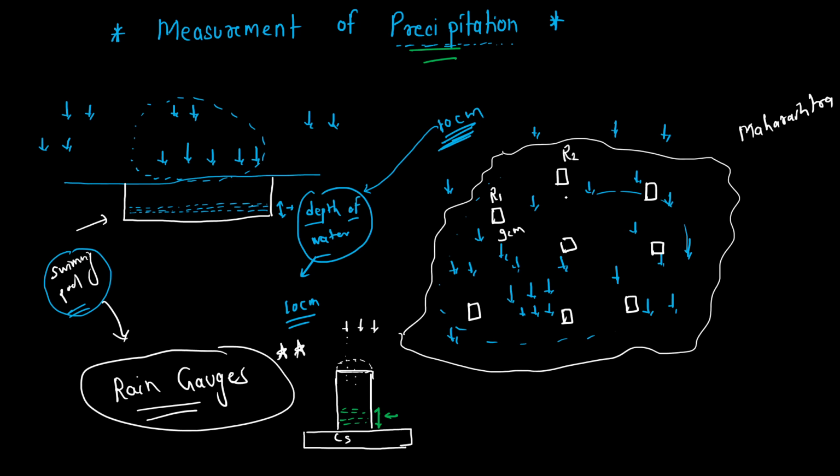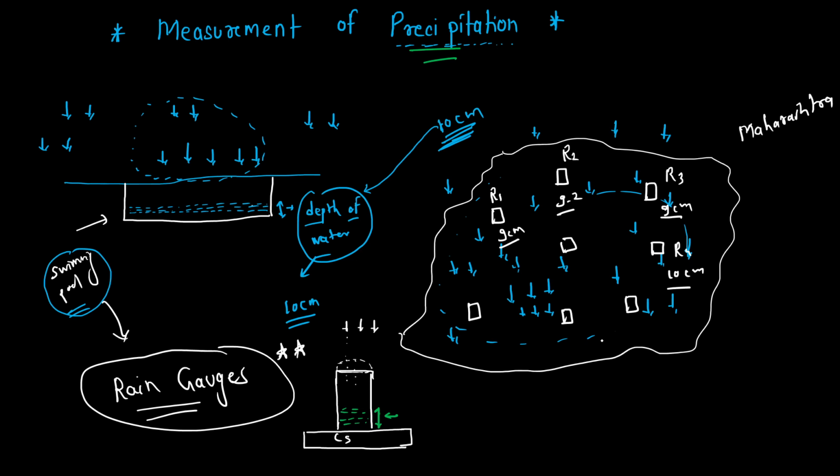In rain gauge 2, it is 9.2 centimeter. In rain gauge 3, it is again 9 centimeter. Rain gauge 4, it is 10 centimeter. Similarly for the other cases also. Now if you want to get the overall idea about the total precipitation in the area, you can just take the average of these rain gauges.